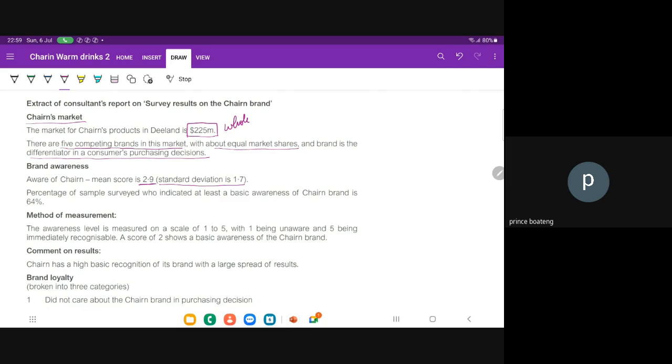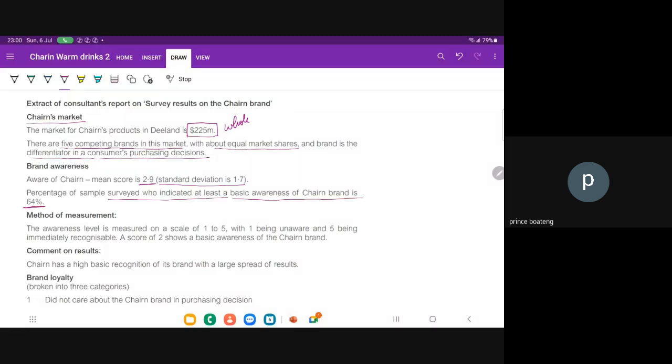Now this is the point where you have to tell the CEO that 1.7 standard deviation actually means what with respect to this report. A percentage of samples surveyed who indicated at least a basic awareness of the Sharon product is 64%.